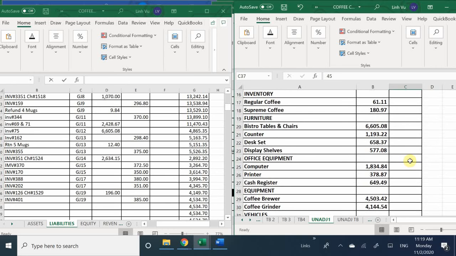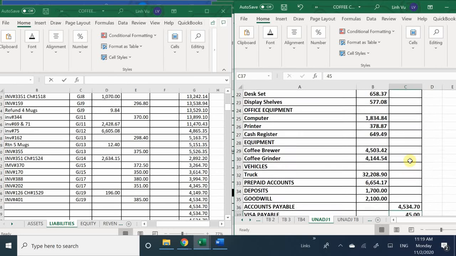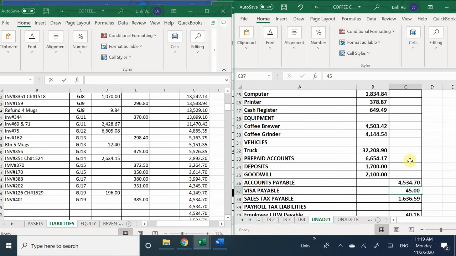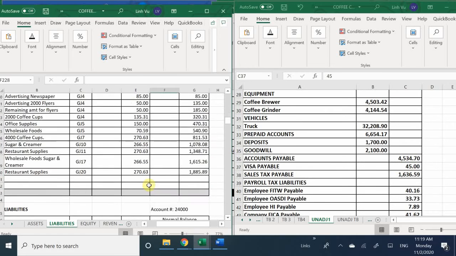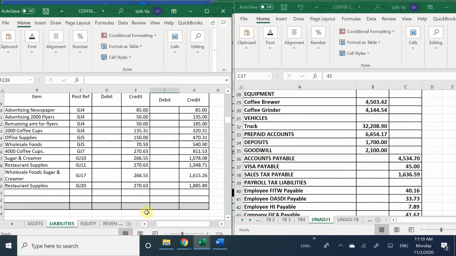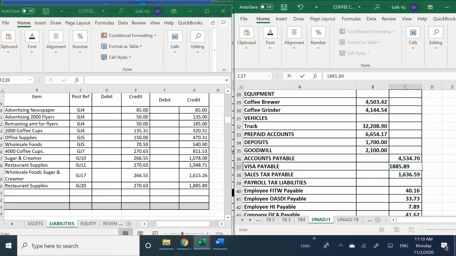Did I accidentally make a change somewhere here? Okay. So then, what is my Visa payable? $1,885.89. Okay.